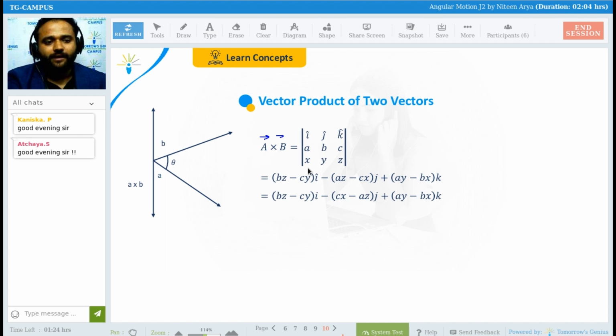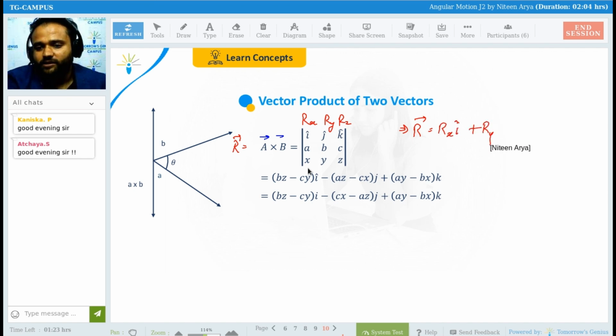Whenever we are finding the i component or x component, suppose this is the resultant vector, so this resultant vector is nothing but Rx, Ry, Rz. How can you write the resultant vector? Rx i plus Ry j plus Rz k. Isn't it? In this way you can write. So this thing is Rx, this thing is Ry, this thing is Rz.